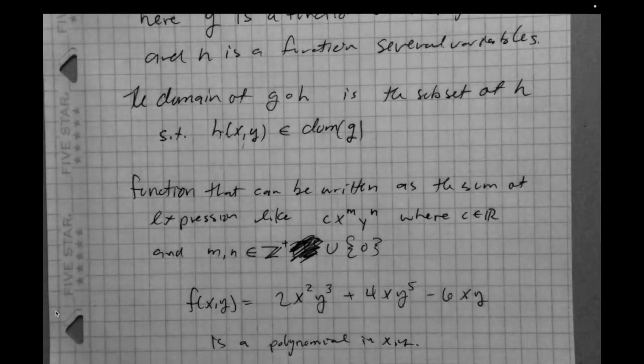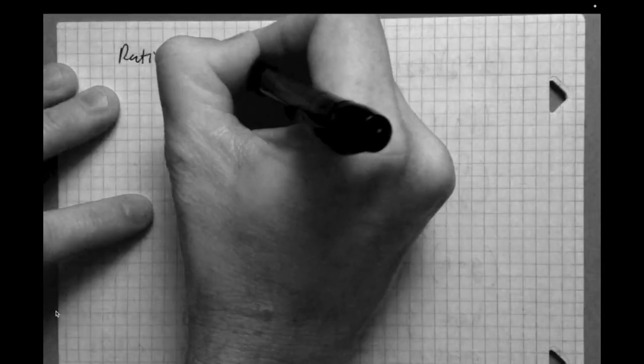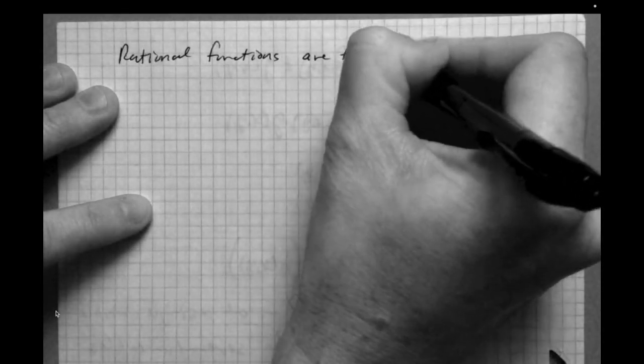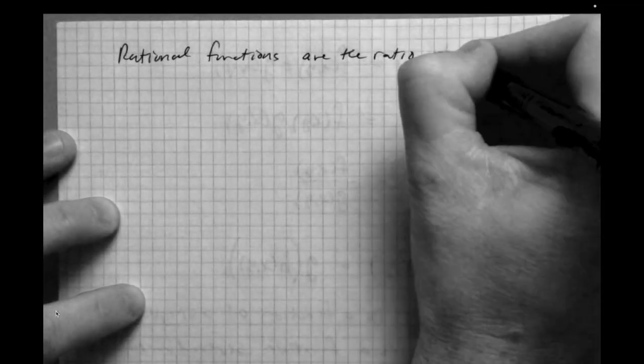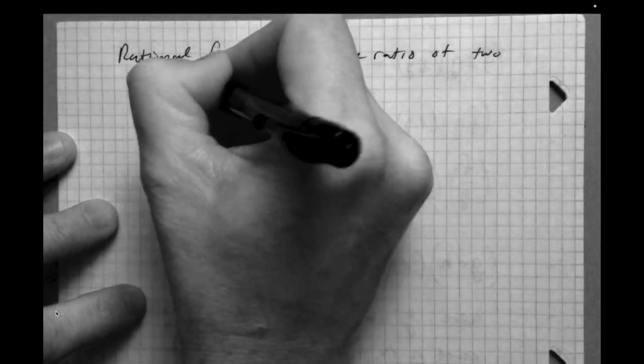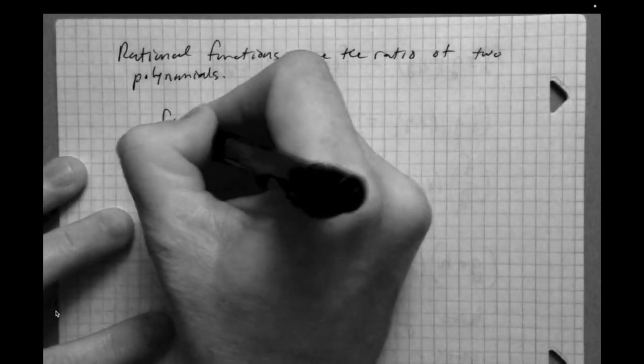Okay, and then the other type that we should mention here is the case when you take a ratio of polynomials and you get a rational function. So rational functions also exist as the ratio of two polynomials, just like with functions of a single variable. So things like this.